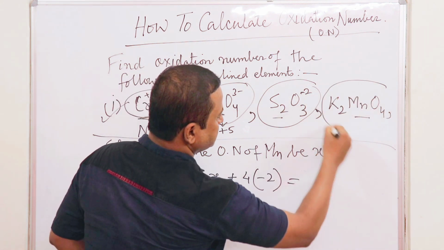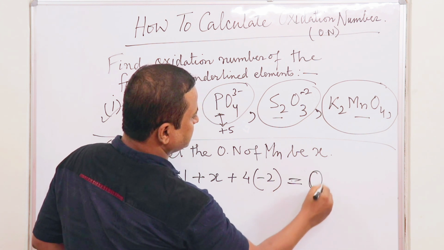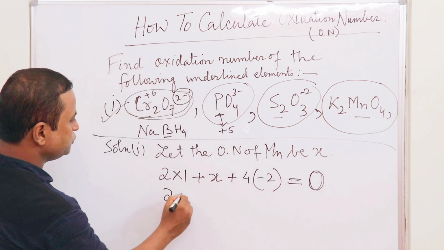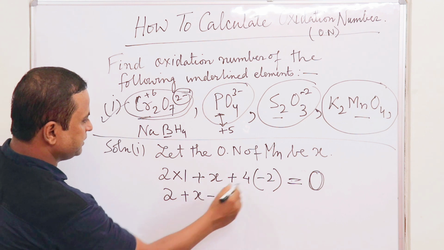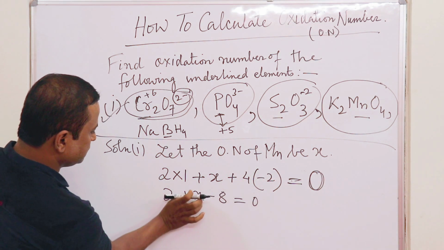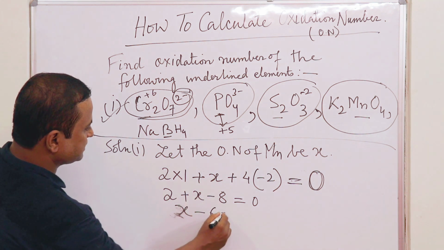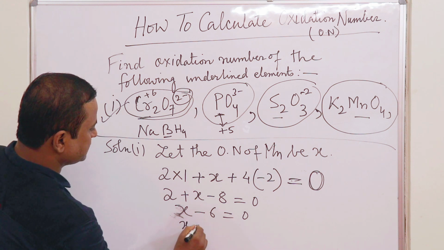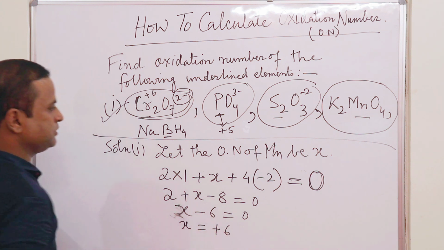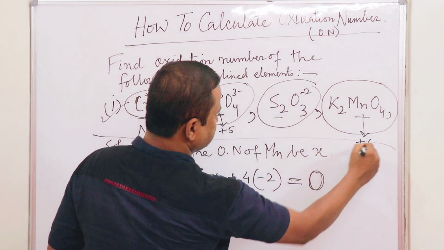Now there is no charge, it's a neutral molecule, so we take it as 0. So 2 + x - 8 = 0. So x - 6 = 0, so x = +6. So the oxidation number of manganese comes out to be +6 here.